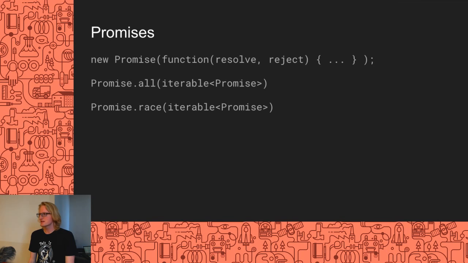And .race is very similar to .all, except rather than getting called with an array, you get called with the first one that returns. Useful if maybe you need to talk to 2 different CDNs or n number of CDNs, and you just want to get back whichever one gives you the first result. And don't care about being mean and hitting all of the servers anyway.